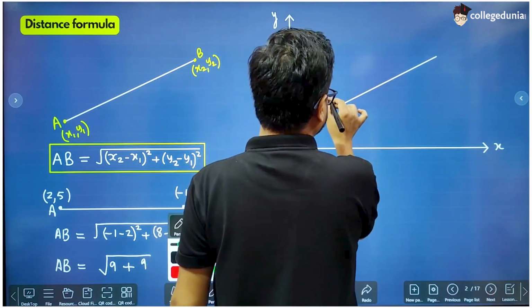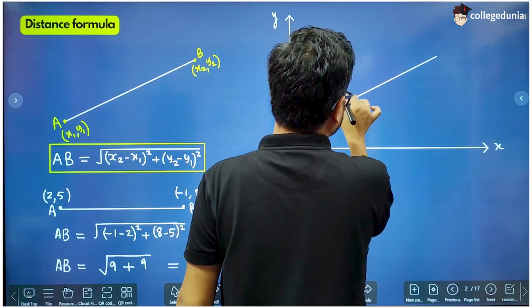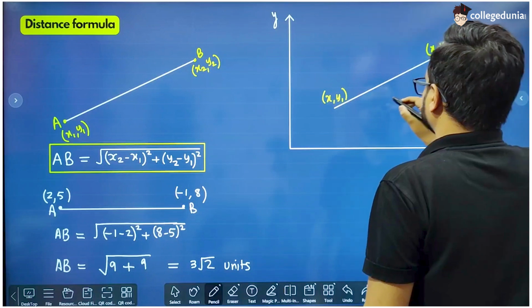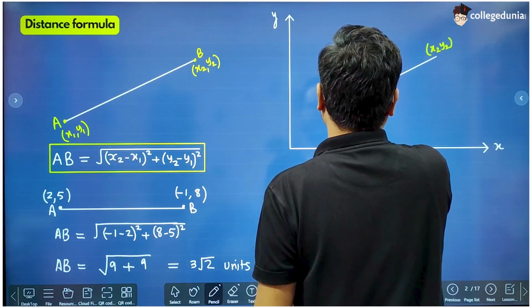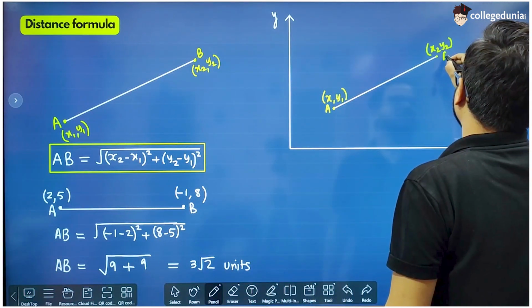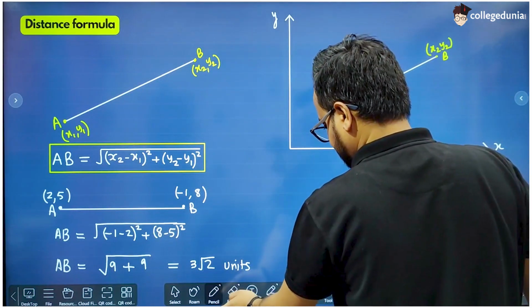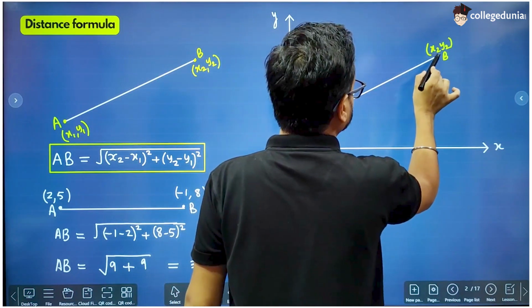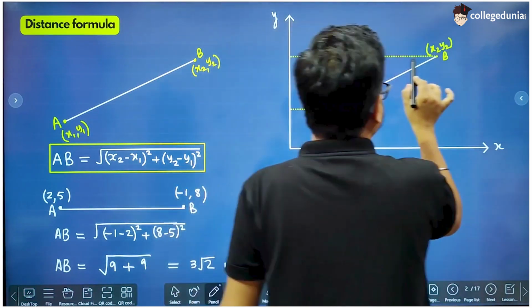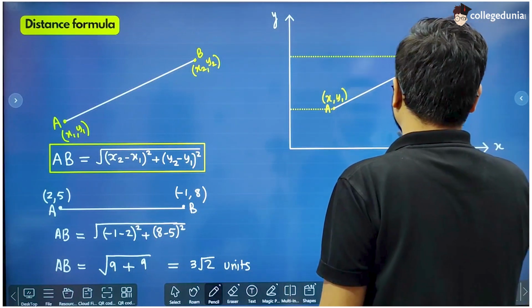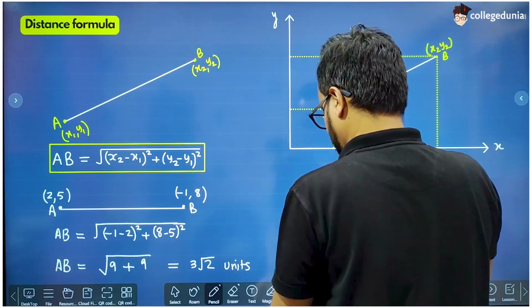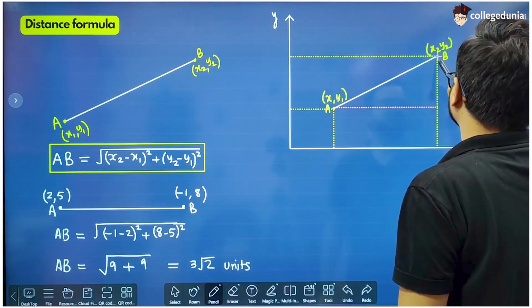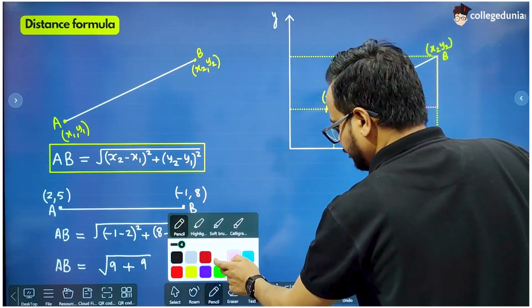This is x1 y1 and this is x2 y2. This is A and this is B. Now let us join these lines. And these also.